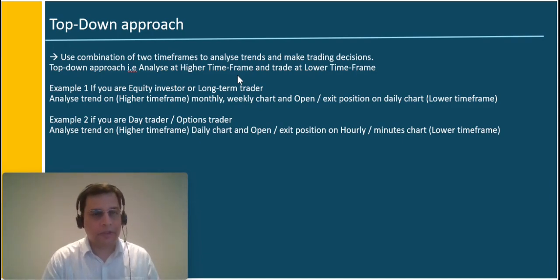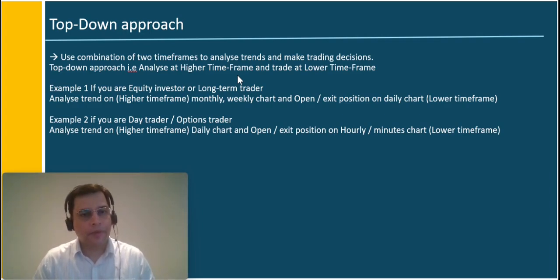The top-down strategy is nothing but analyzing at the higher time frame, where you get the whole picture, and at the lower time frame, you're able to exit and open your position, which gives you nice price action.